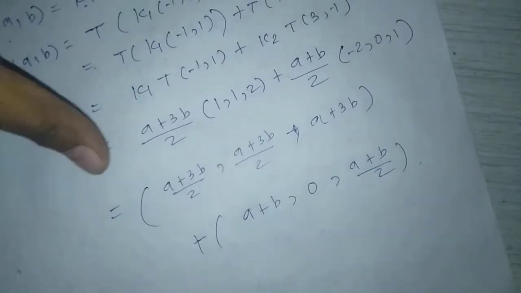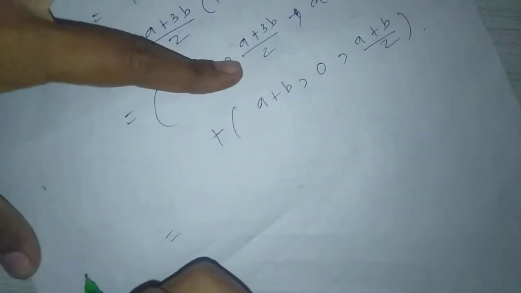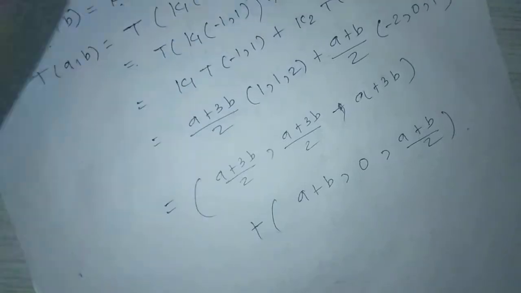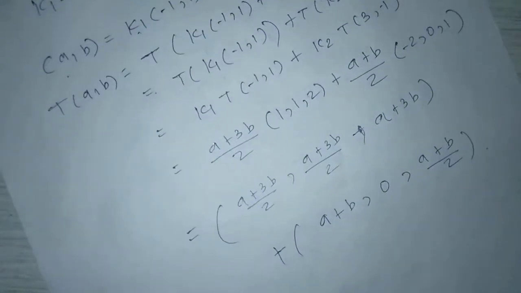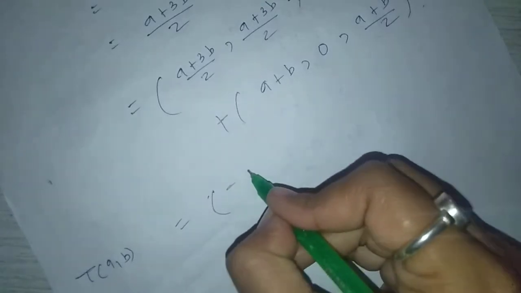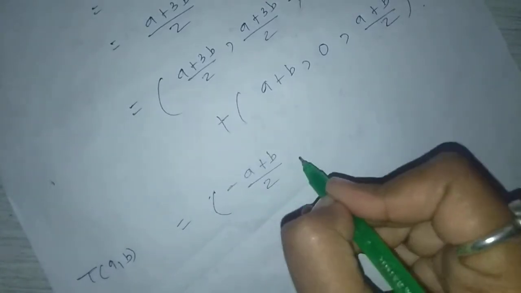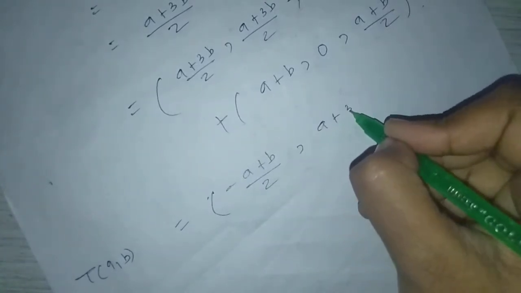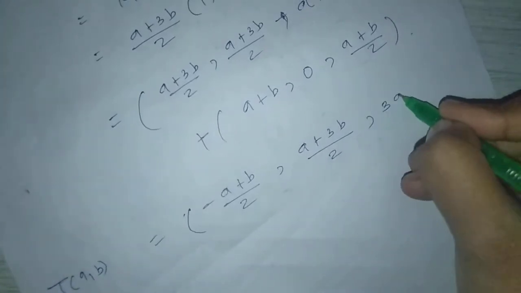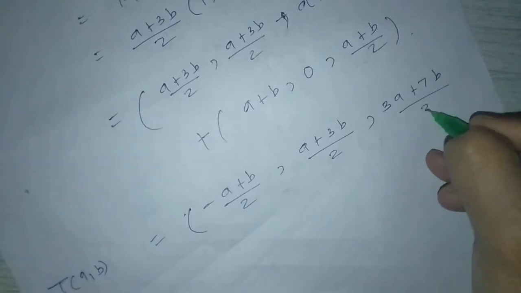When we add these two, we get T of (a, b) equal to ((minus a plus b) upon 2, (a plus 3b) upon 2, (3a plus 7b) upon 2).